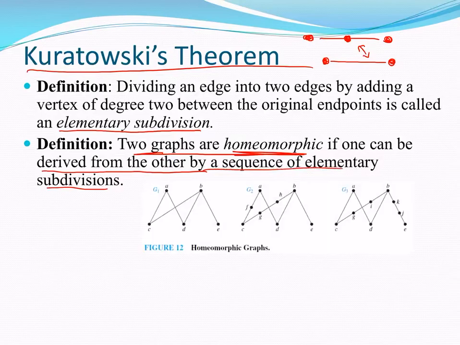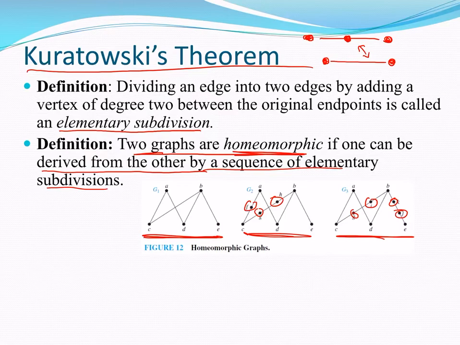We have a graph here, and these graphs here are all homeomorphic to the first graph because all we're doing is creating new graphs by elementary subdivisions. And so all of these three graphs are homeomorphic to each other because they can all be derived from one another by adding or deleting an elementary subdivision.